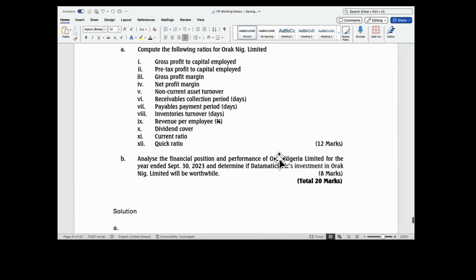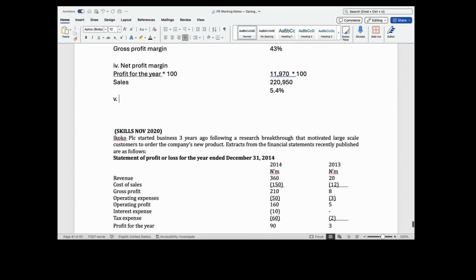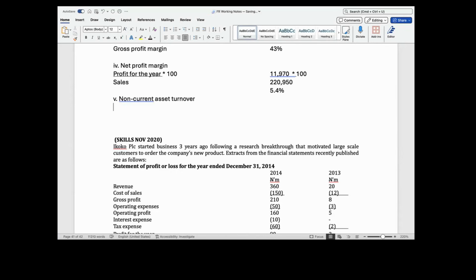Number 5, we are asked to calculate non-current asset turnover. Who can tell me the formula of this? Can anyone attempt? Sales over non-current assets. Yes, it's sales over non-current assets.